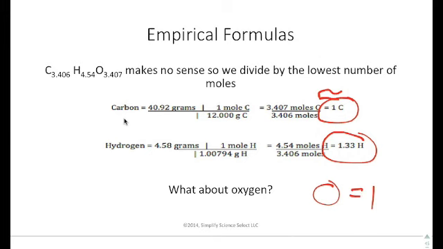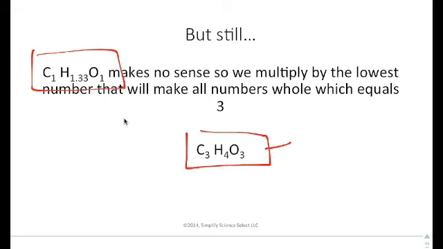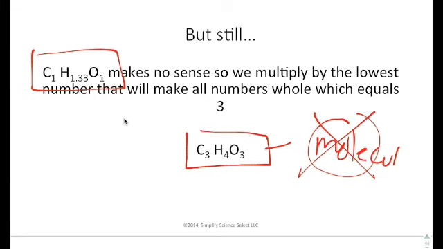But still you have a problem. You can't do C1H1.33O1. So instead you have to multiply it by the number that will give it a whole number ratio, and that's what you see here. You see C3H4O3. Now this is not necessarily the molecule, okay? It is not necessarily the molecule.